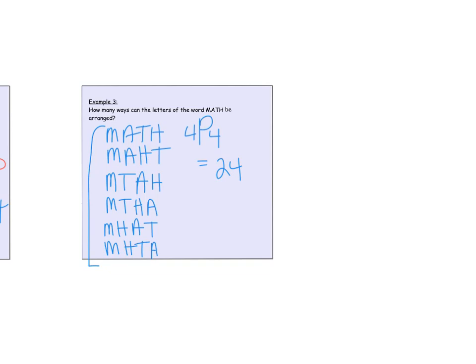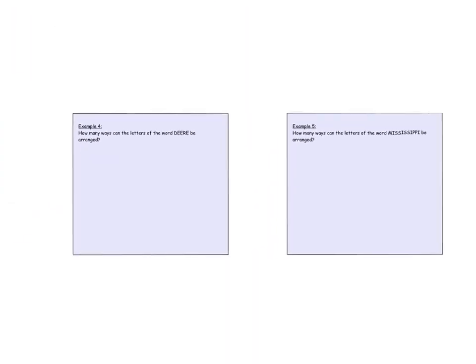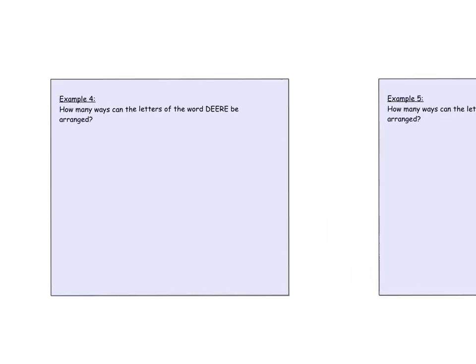Trevor, you got it right there for example 4, but I don't think that's gonna work for example 5, unless you're one step ahead of me. For the word deer, like in John Deere, there's 3 repeating letters.